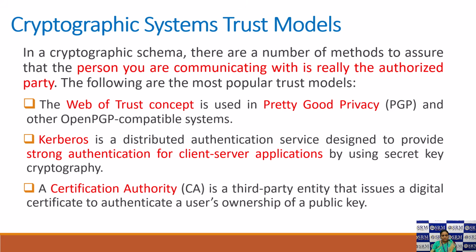Second, Kerberos is a distributed authentication service designed to provide strong authentication for client server. Whenever we say Kerberos, the keyword associated with that is client server applications. It works in a distributed manner by using secret key cryptography. And the third is the certification authority, the third party entity that issues a digital certificate to authenticate the user's ownership of a public key. These are the three methods we will be seeing in detail one by one.